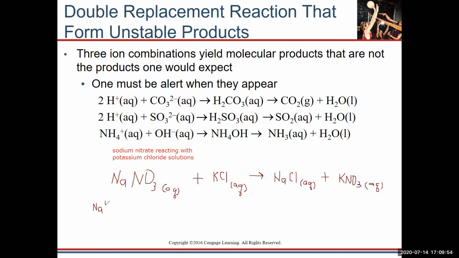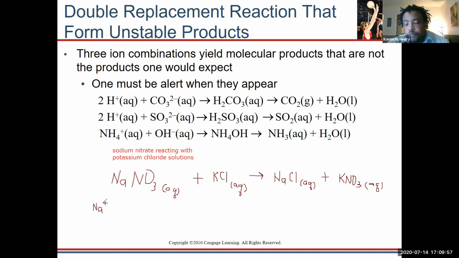Total was the one where we took away the spectators, right? No. Total is where we have everything broken down into ions.